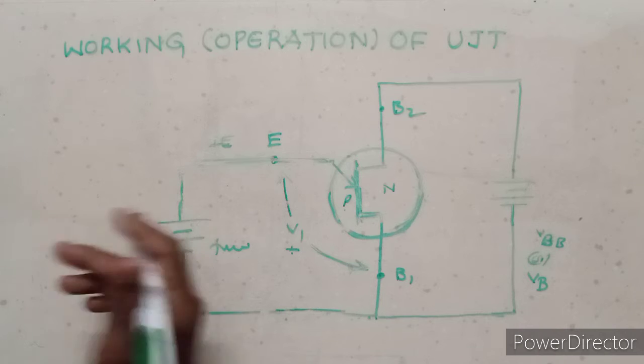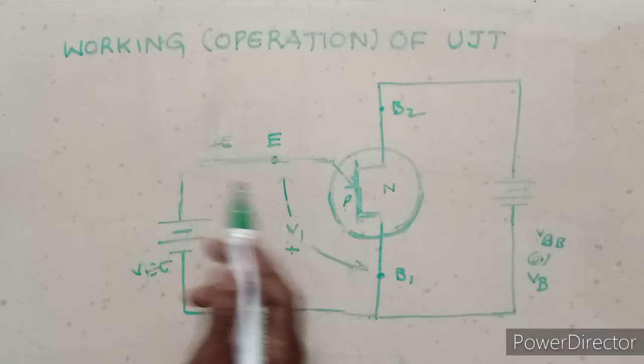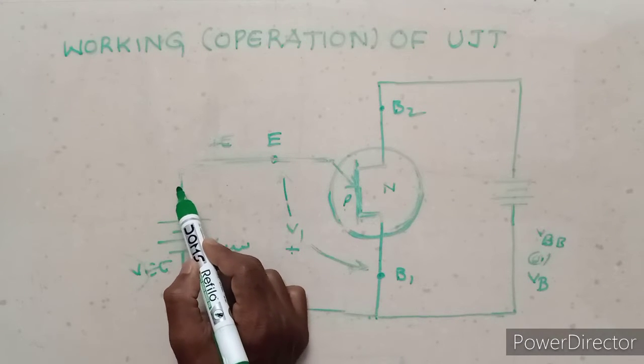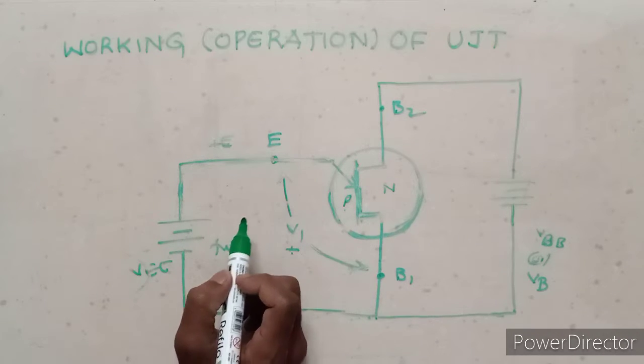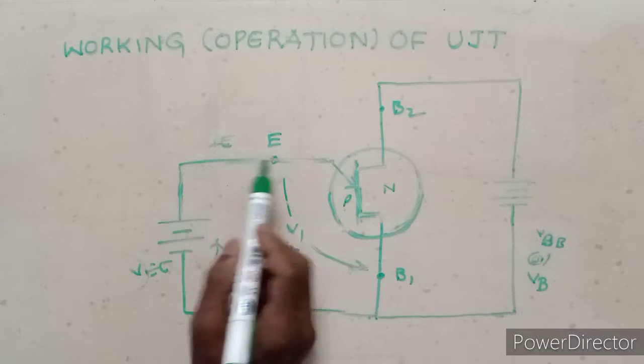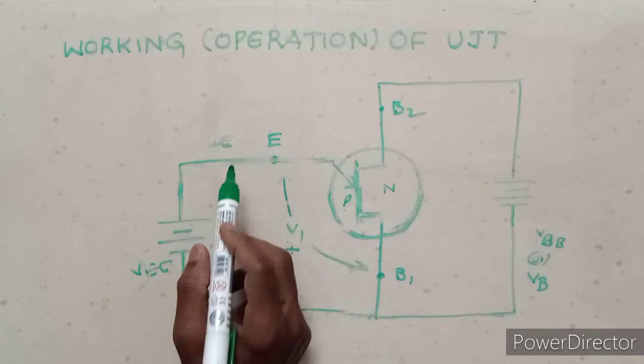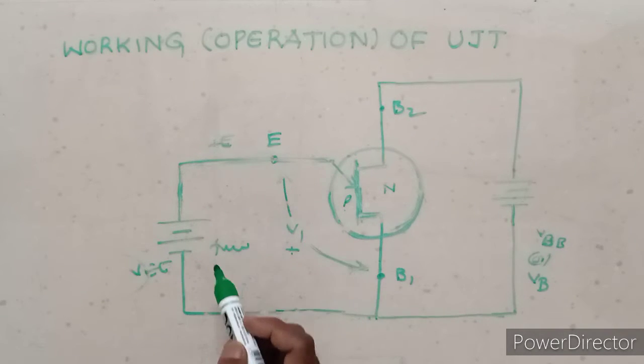Okay, in the previous point, positive voltage is applied. If a negative voltage is applied to the emitter, the PN junction is in reverse.